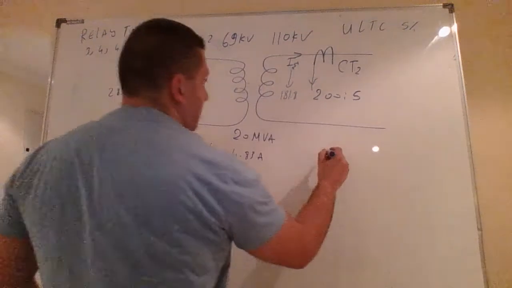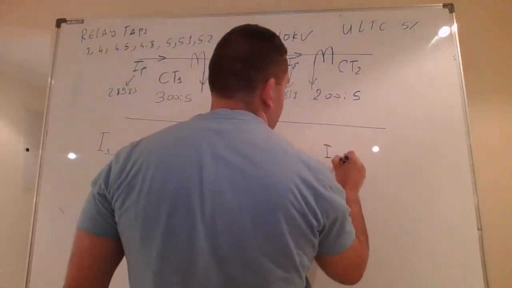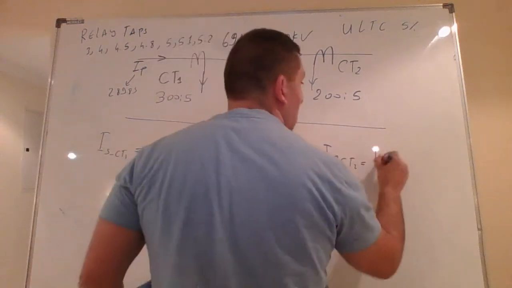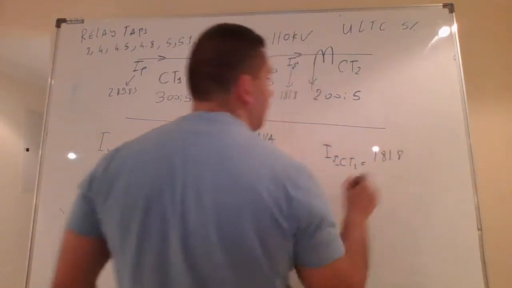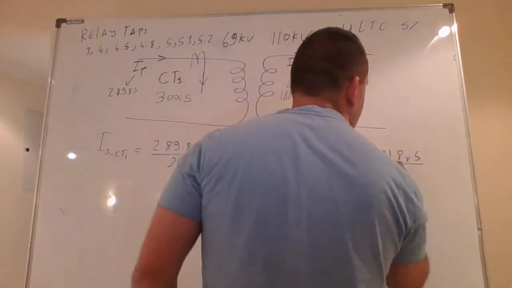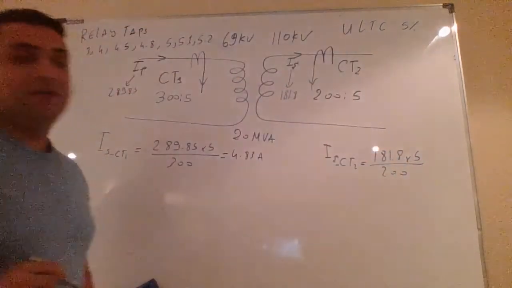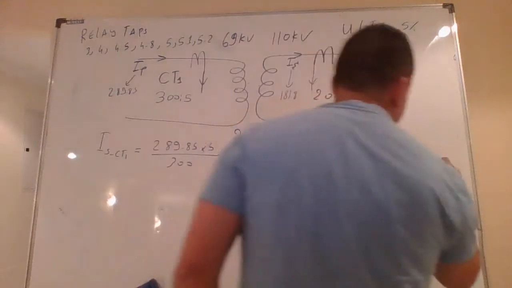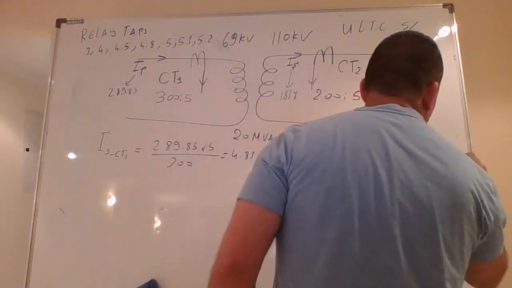On the secondary side, the secondary current of CT2 will be equal to 181.8 multiplied by 5 divided by 200, and the answer will be 4.54 amps.